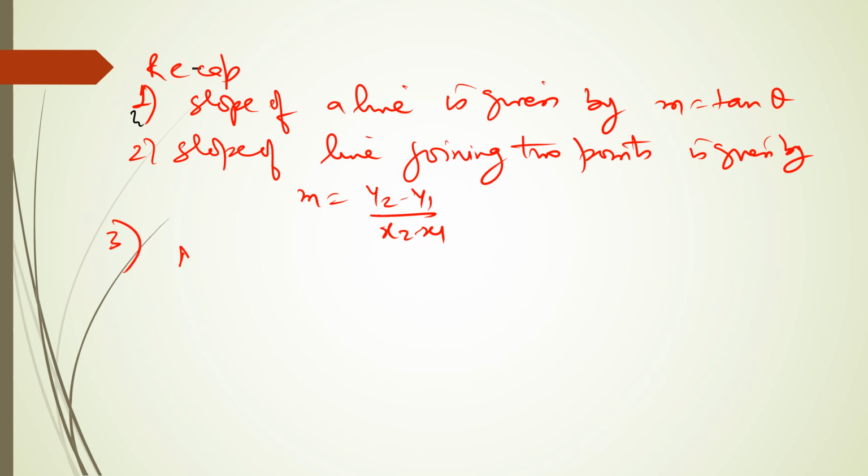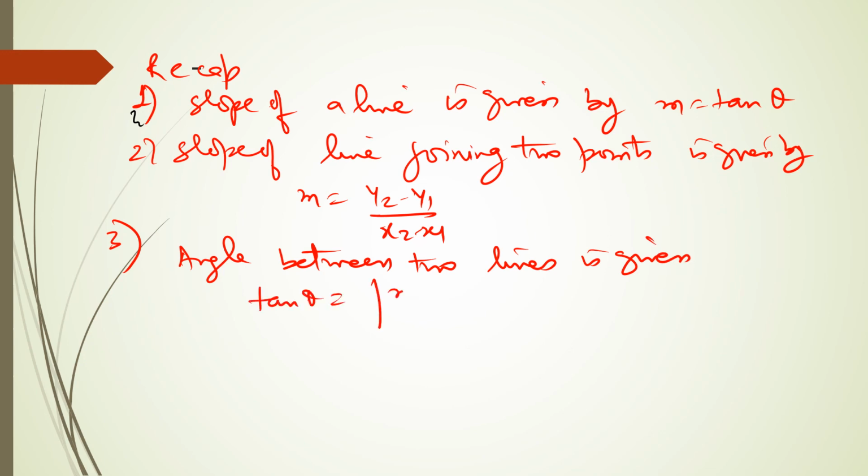Third, the angle between two lines is given by tan theta equal to mod of m2 minus m1 upon 1 plus m1 into m2, where theta is an acute angle.